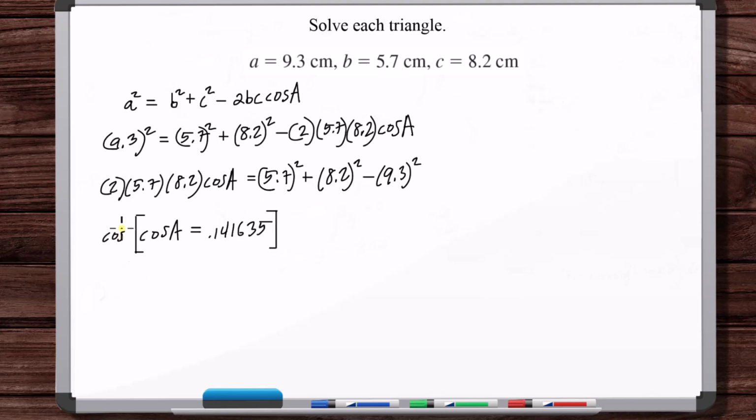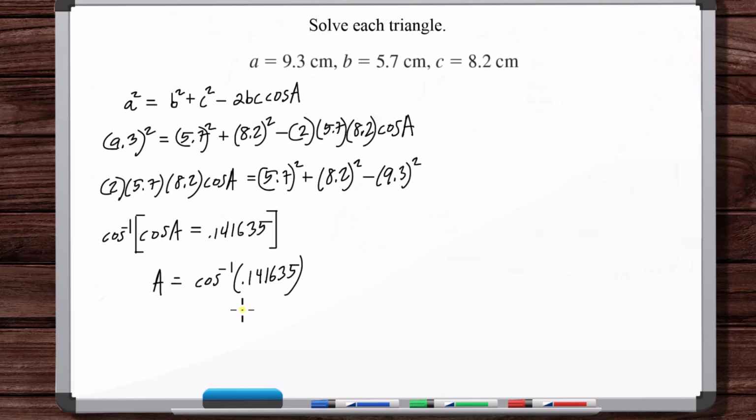But you might be thinking, well, now we have an ambiguous case, but with inverse cosine, this is really nice. It isn't ambiguous at all, because the range of inverse cosine is from 0 to pi, or 0 to 180. It's the first and second quadrants. Cosine is positive in the first quadrant, negative in the second quadrant. So this is going to give us an acute or an obtuse angle.